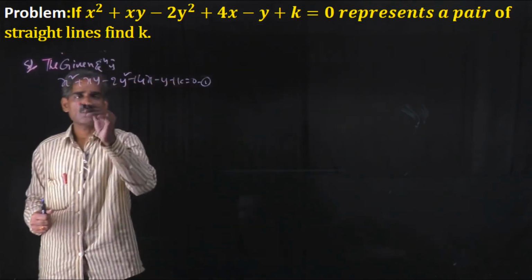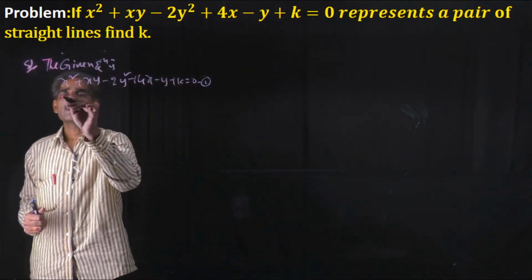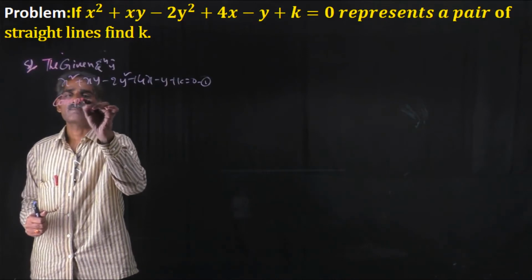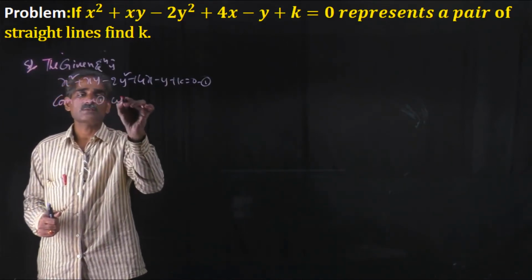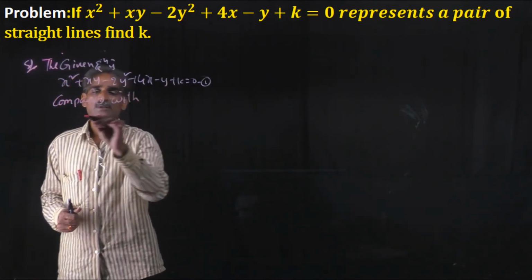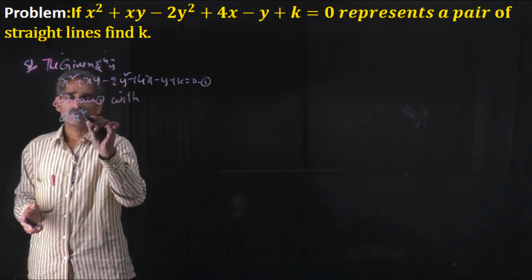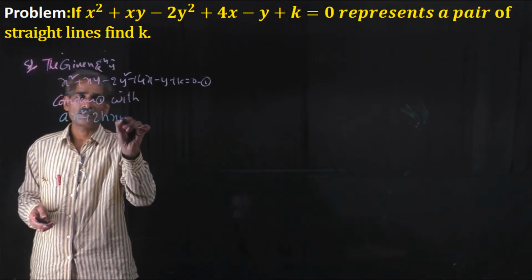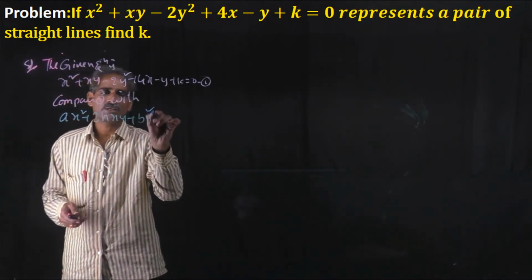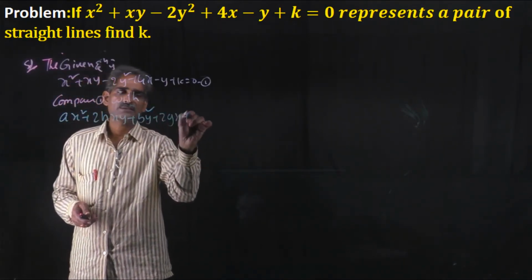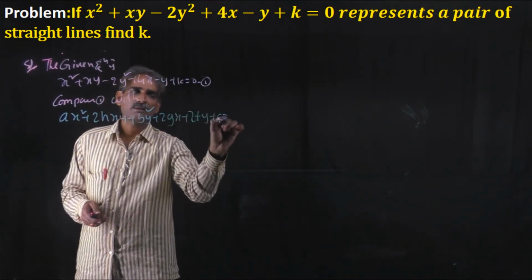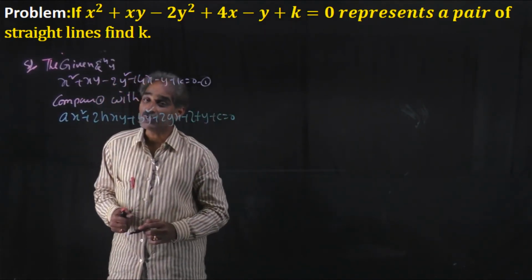Understand? So now compare this equation with the general equation. What is the general equation? Ax square plus 2hxy plus by square plus 2gx plus 2fy plus c equal to 0.